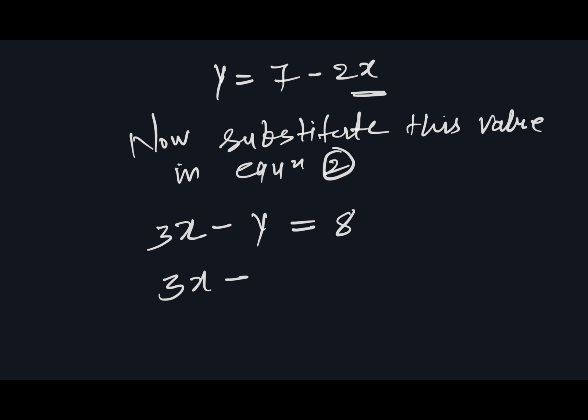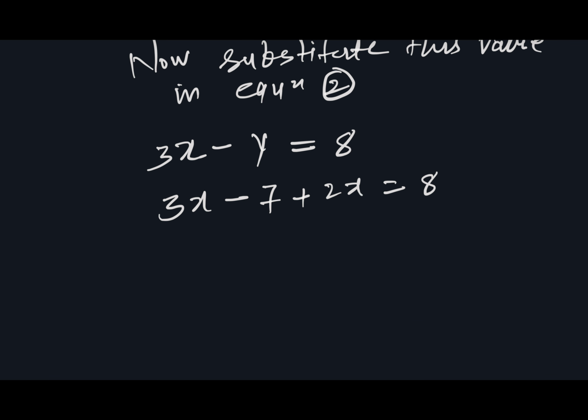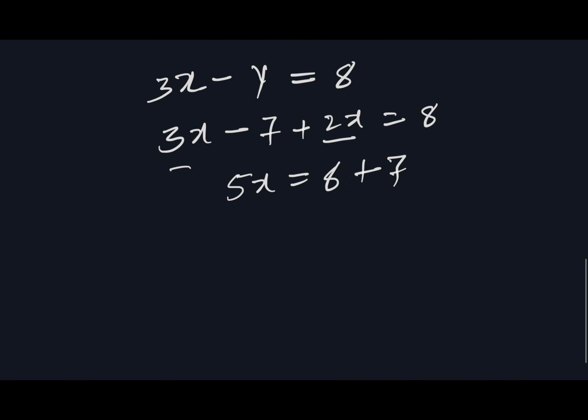3x minus (7 minus 2x) is equal to 8, which becomes 3x minus 7 plus 2x is equal to 8. Now we can simplify it. 3x plus 2x is equal to 5x, and if we solve it, it becomes 5x is equal to 8 plus 7, which is 15.